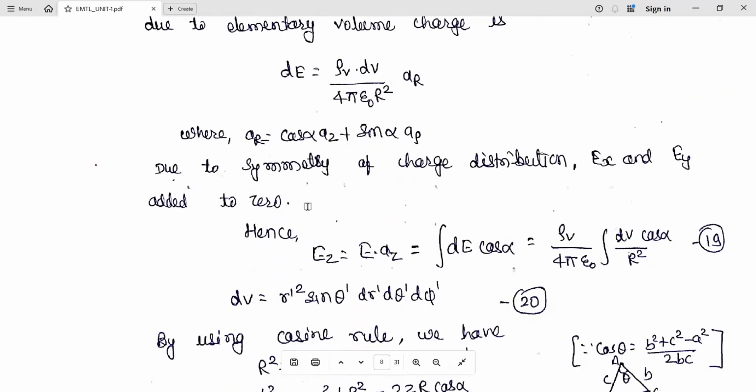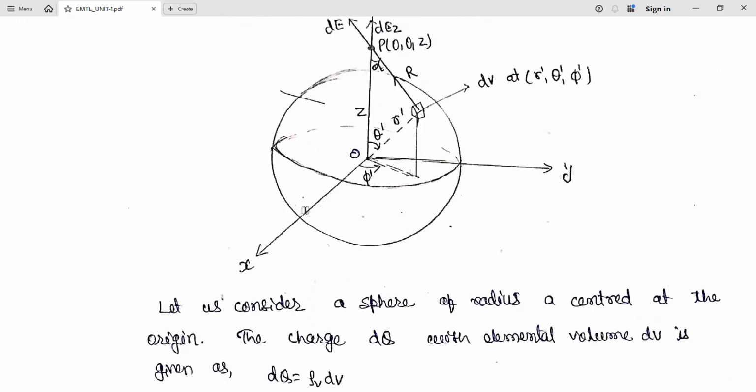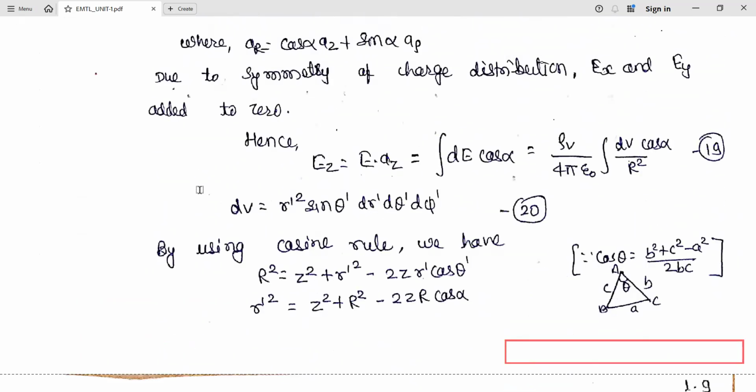Now the unit vector AR is resolved into two components: AR is cos alpha AZ and sin alpha A rho.